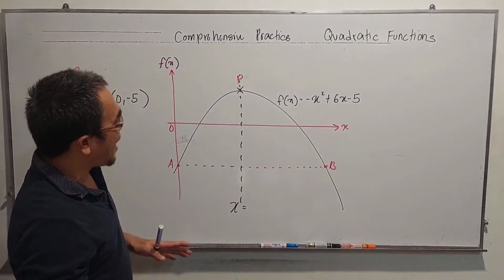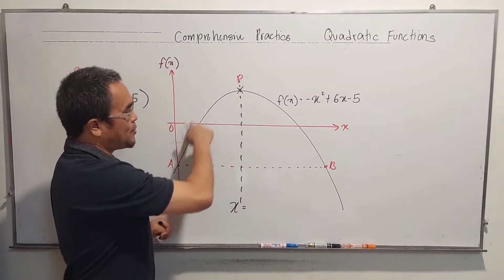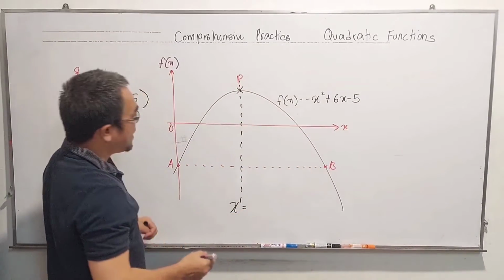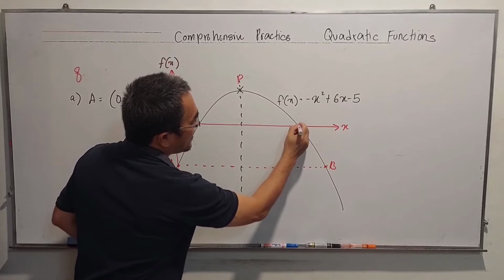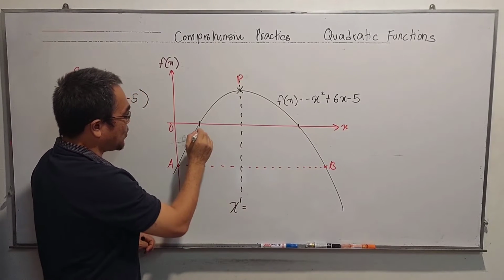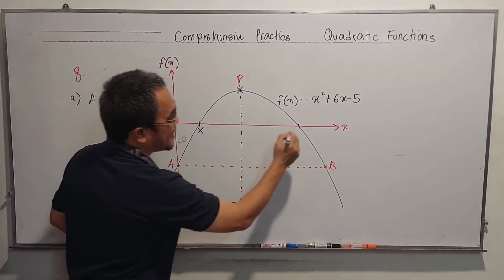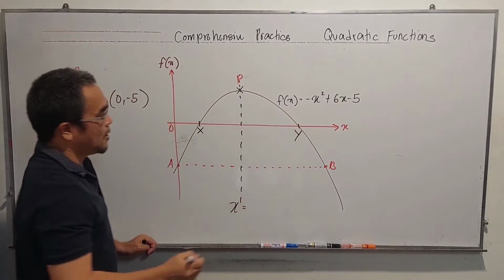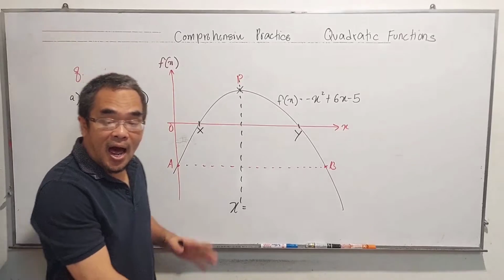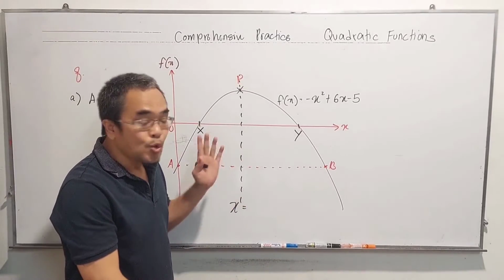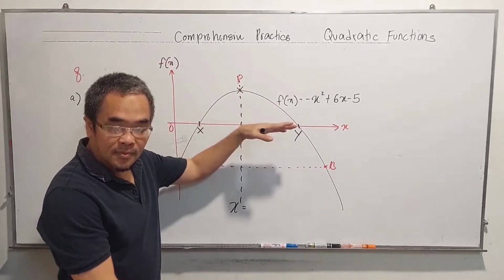If you see the graph here, it intersects the x-axis here and here. So you can label these as x and y. So how do we find x and y? x and y are the roots of the graph.